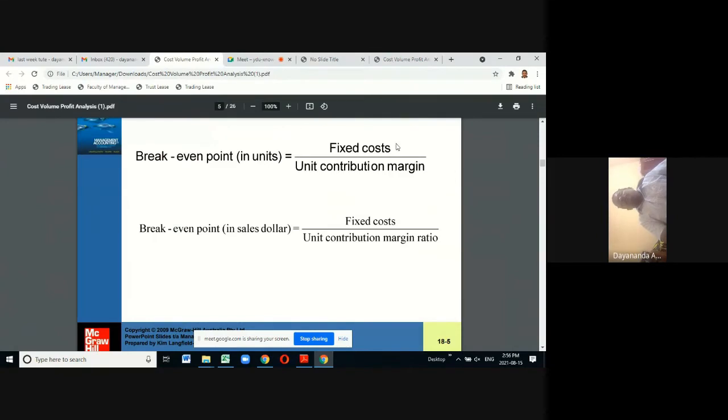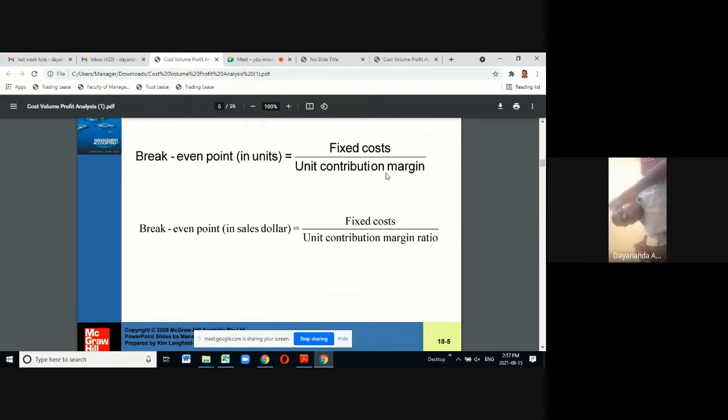Break-even point in units is fixed cost divided by unit contribution margin. In rupees, it is fixed cost divided by the unit contribution margin ratio. How do you calculate the unit contribution? Sales minus unit variable cost, you get the contribution margin.